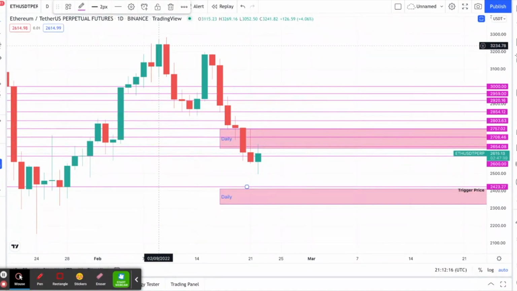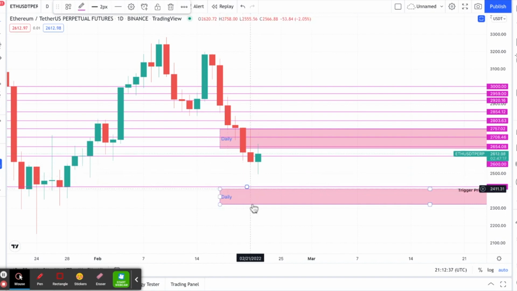Now, the other side is it's going to do a market buy at whatever price it is. So if you say, you know what, I want to do a market buy at 2,614, you're going to do a trigger price at that price. Maybe you think that you are going to end up going all the way down.